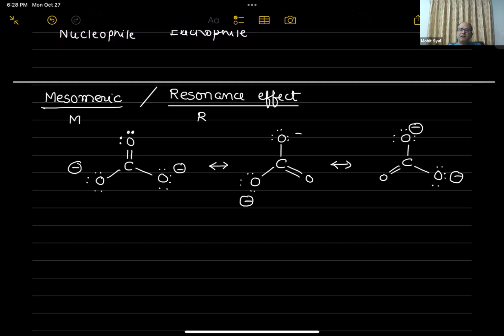So all three are correct structures. Or is some of the structure incorrect? It's not incorrect. It's just the way in which it is written. Okay, getting my point? Yes.